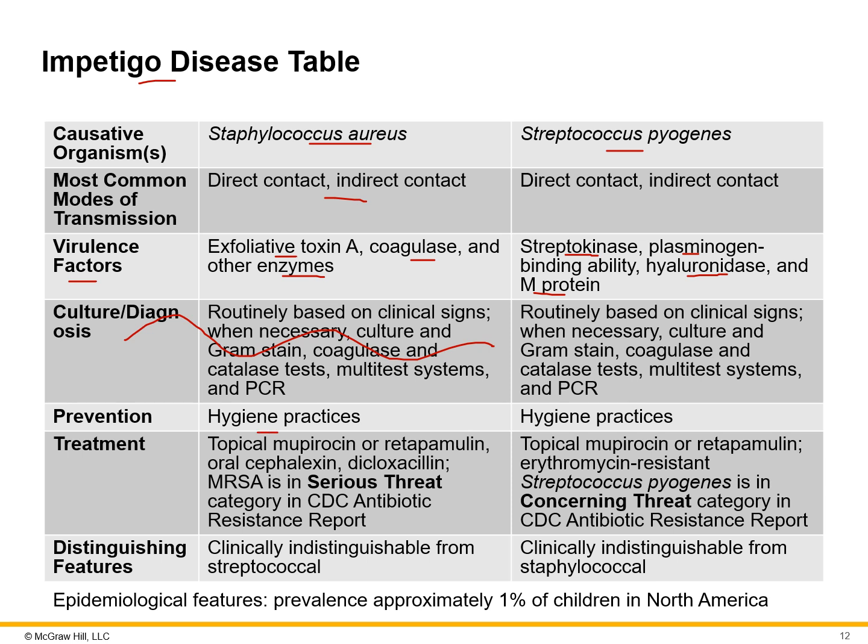Hygiene practices are what's used for prevention, but both of these have alerts from the CDC. Staph aureus is a serious threat because of MRSA. And Strep pyogenes is also a concerning threat, though not quite to the same level. But again, it's starting to develop antibiotic resistance as well.